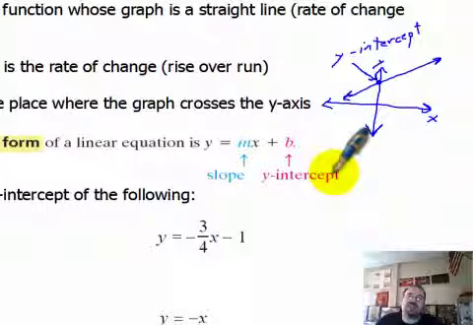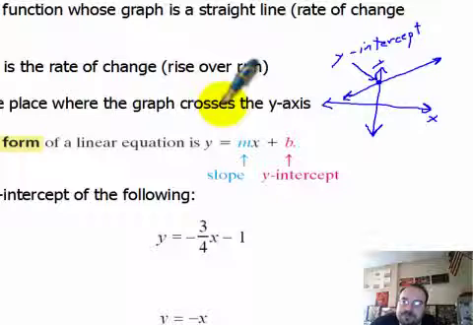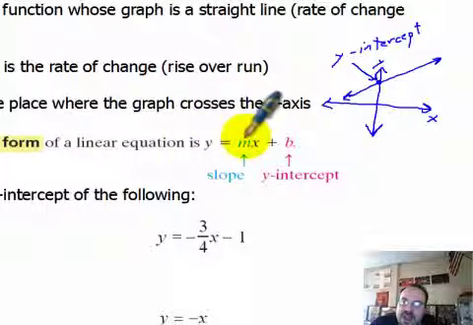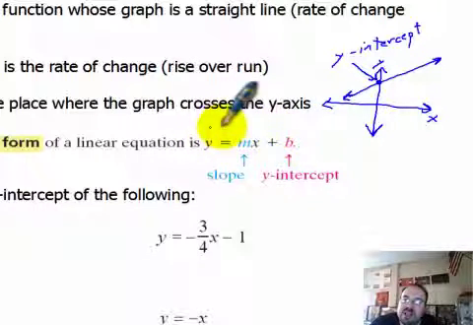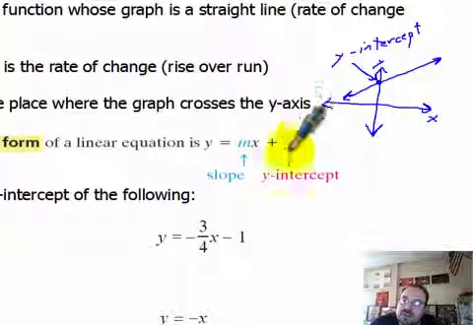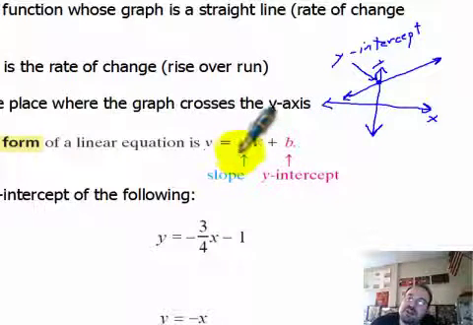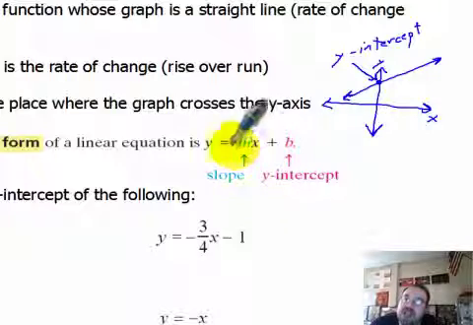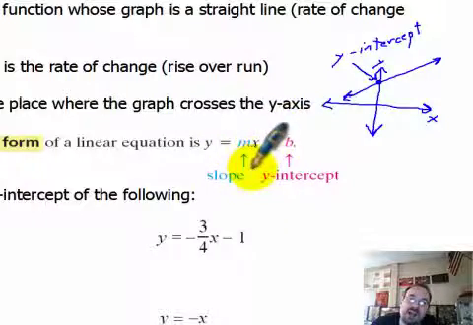And we have what's called the slope-intercept form of a line, which is y equals mx plus b. So anytime you see an equation with a y, then an equal to, then a number times x, and then another number by itself being added or subtracted, that's the slope-intercept form of a line, and the graph you'll get will be a straight line.